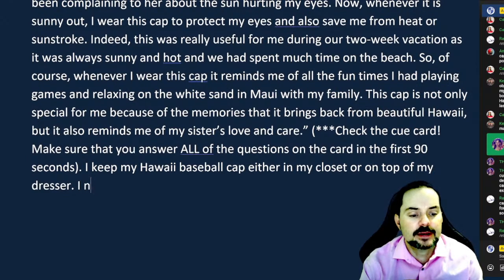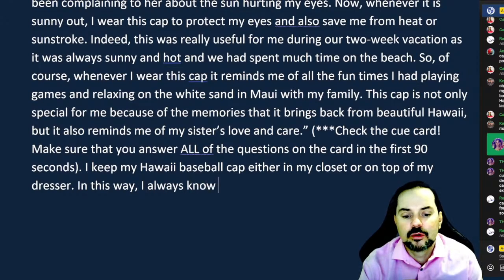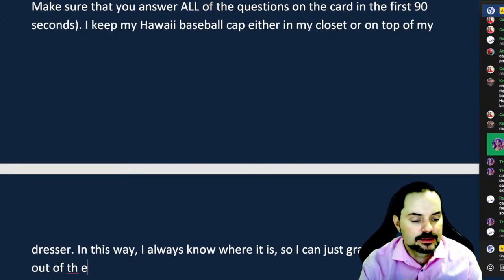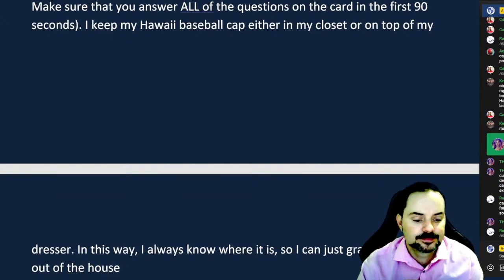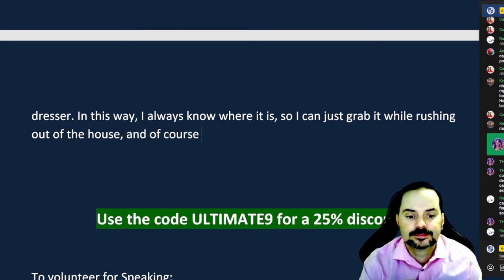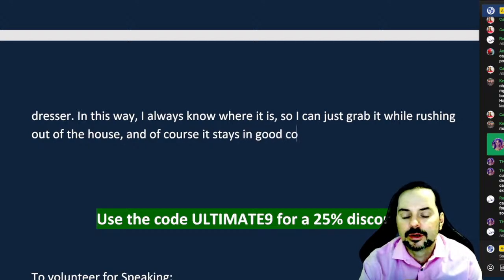In this way, I always know where it is. So I can just grab it while rushing out of the house. And of course, it stays in good condition.